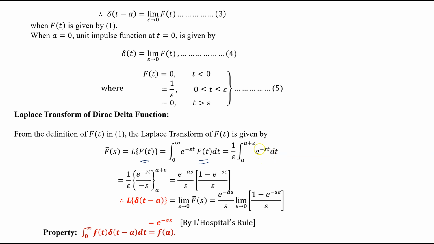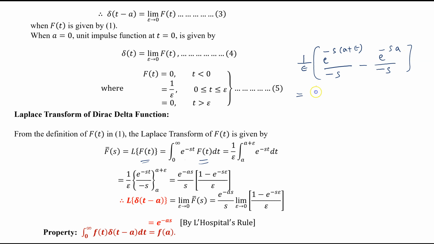Now when you integrate e power minus st, you get e power minus st upon minus s under the limits a to a plus epsilon. When you apply these limits, you get 1 by epsilon into e power minus s into a plus epsilon upon minus s, minus e power minus sa upon minus s.